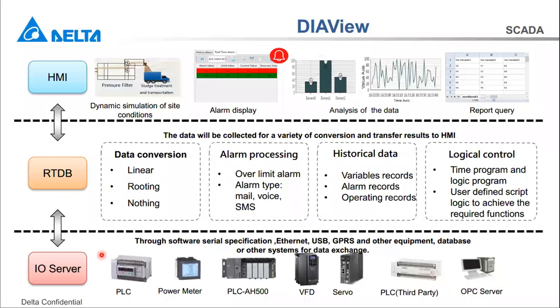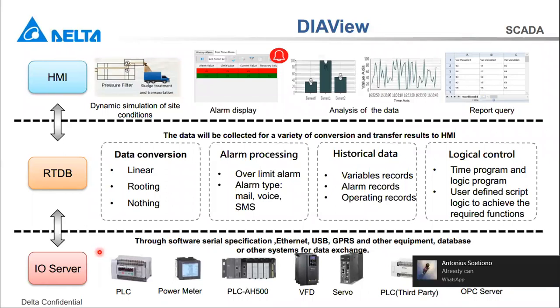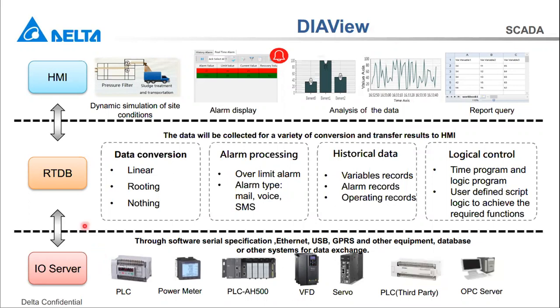This is the first function, to exchange data between the SCADA and the field machines or equipment. The second thing is the real-time database, like data conversion, alarm processing, history data, and logical control.